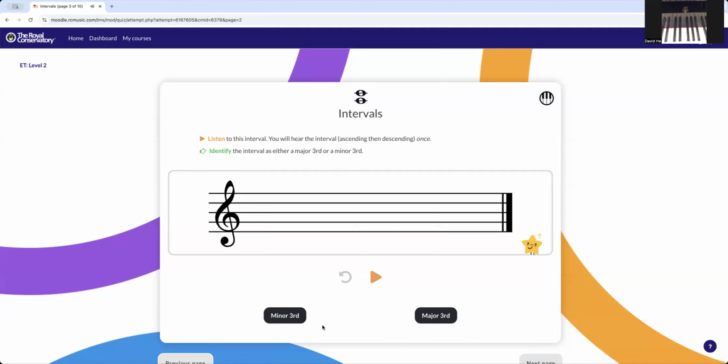First of all, type whether it's minor or major, and then tell me which three notes are there. It's bright or dark.